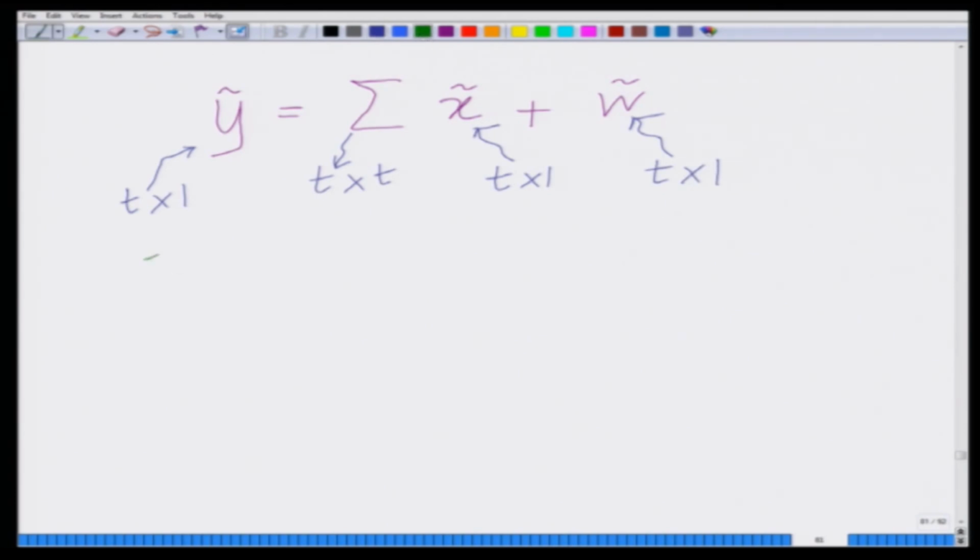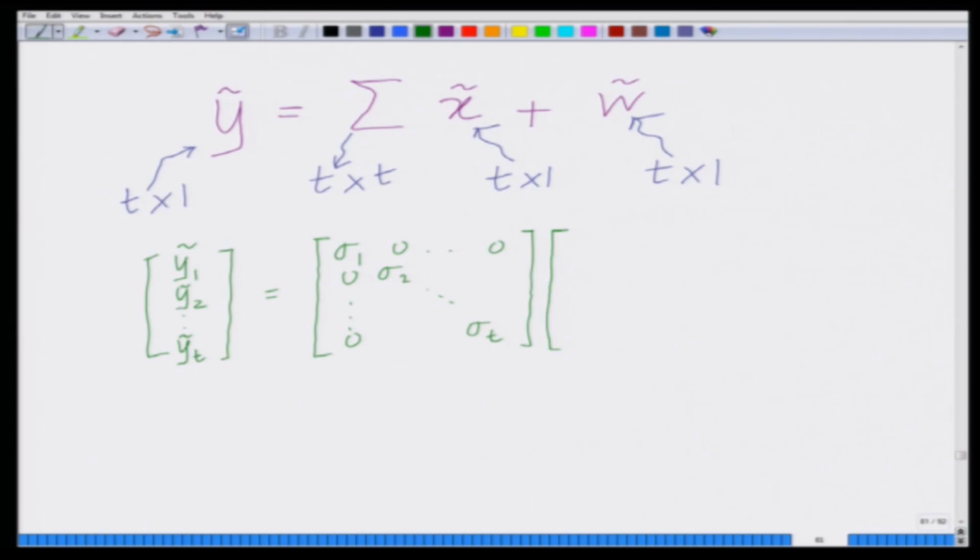Now if you look at this system, I can write y1 tilde, y2 tilde, so on, yt tilde equals this diagonal matrix sigma, that is sigma 1, sigma 2, sigma t, which is a diagonal matrix, times x1 tilde, x2 tilde, xt tilde, plus w1 tilde, w2 tilde, wt tilde.